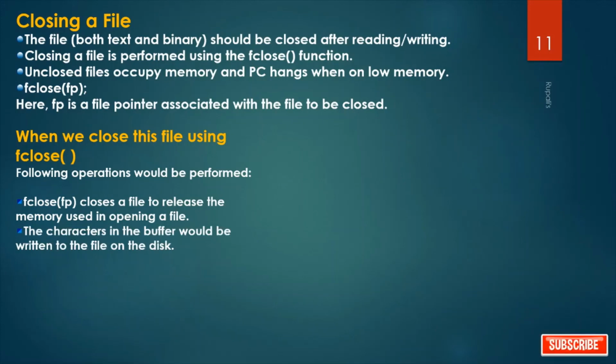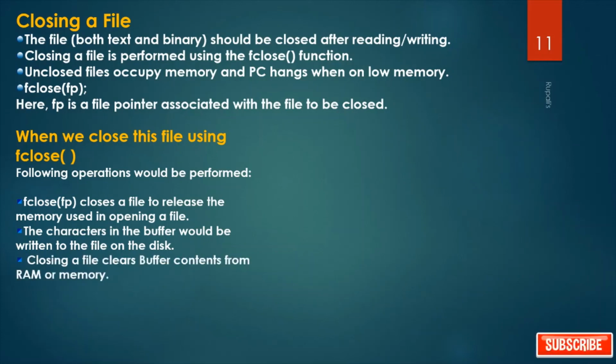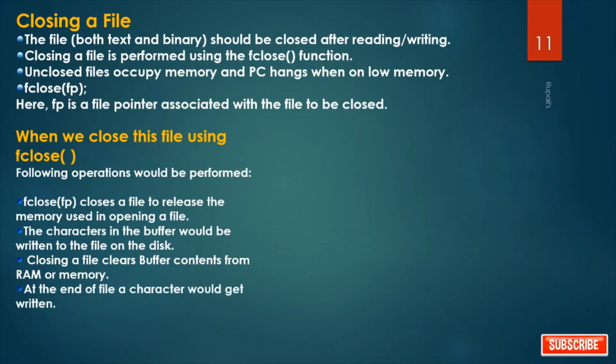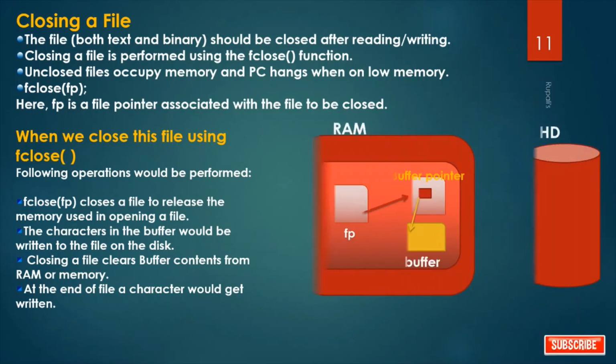The characters in the buffer would be written to the file on the disk. Closing a file clears buffer contents from RAM or memory. So see here, at the end of the file, a character would get written. We will learn this in detail later.